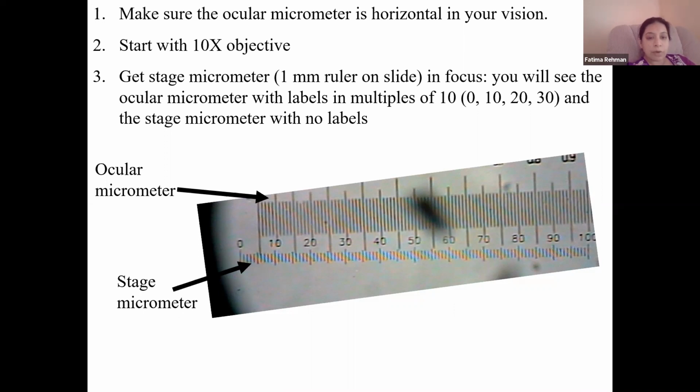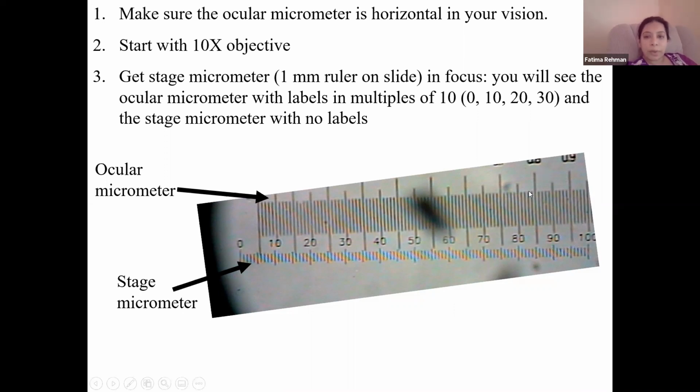So 1,000 micrometer in the entire length and 100 stage units in the entire length. So each stage unit is going to be worth how many micrometers? 10. Good job. You got it.